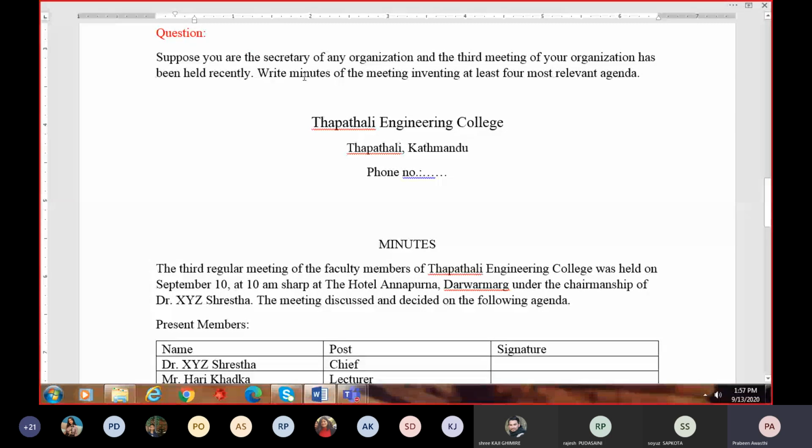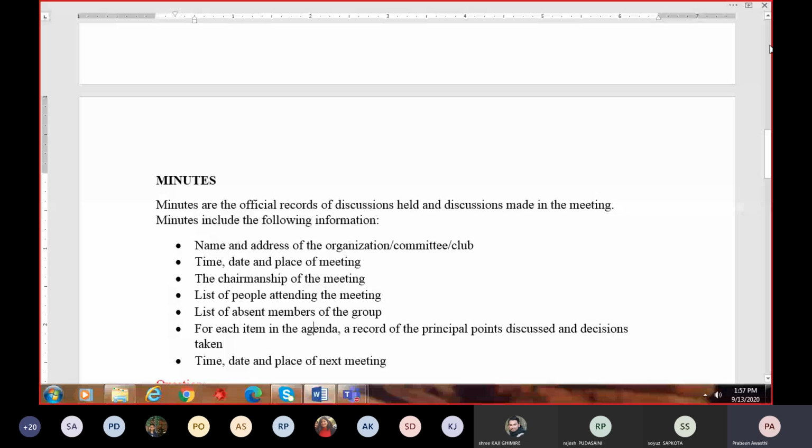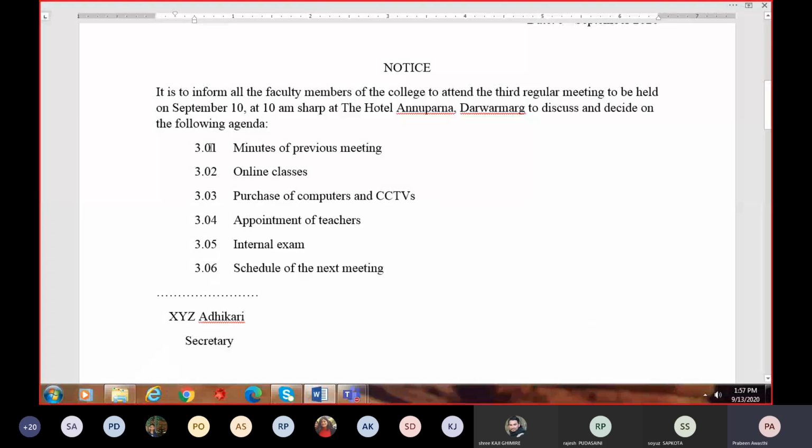I already told you here will be committee, organization or whatever, you should think of the name. Write minutes of the meeting inventing at least 4 most relevant agenda. Here I forgot to tell you, 3.01 means third meeting, first agenda. 3.02 means third meeting, second agenda. In this way you should write agenda when you list them out.